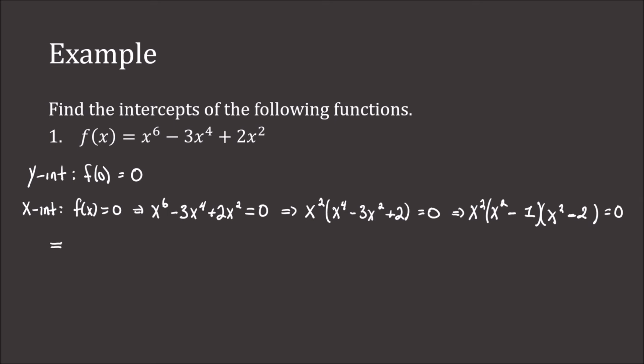This, of course, then means by the zero property, which states that if you take the product of real numbers and it's 0, then at least one of those numbers must be 0. So x squared has to be 0, or x squared minus 1 has to be 0, or x squared minus 2 has to be 0, or possibly all of them are 0.